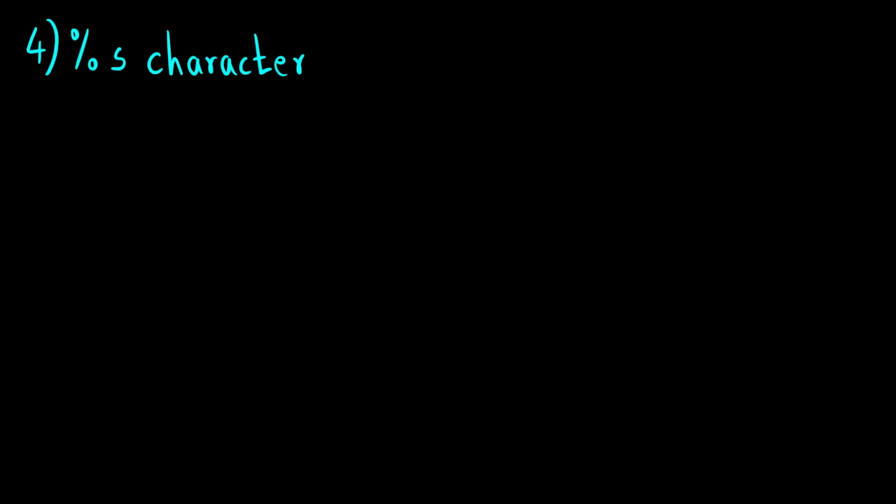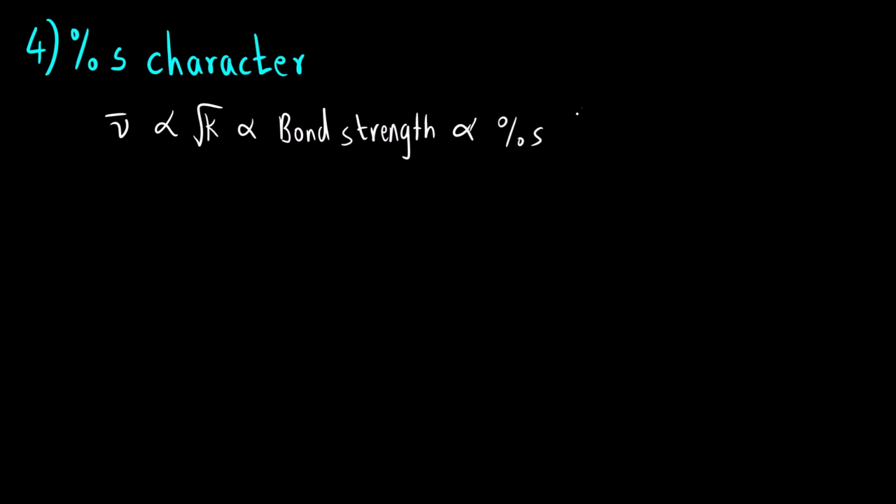Next is percentage S character. Nu bar is directly proportional to the force constant, which is directly proportional to the bond strength. And bond strength is directly proportional to percentage S character. We had seen that in case of SP it was maximum, 50%.